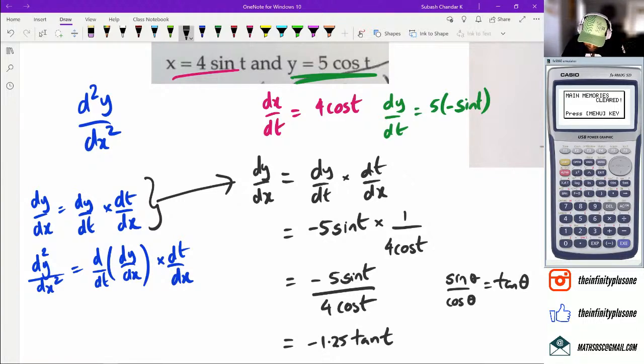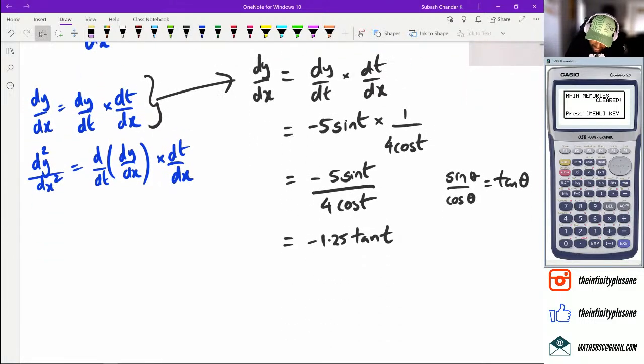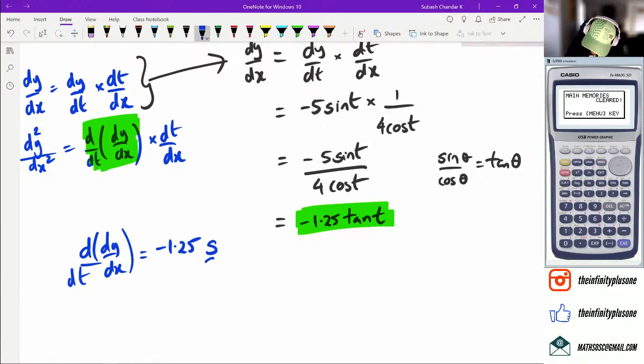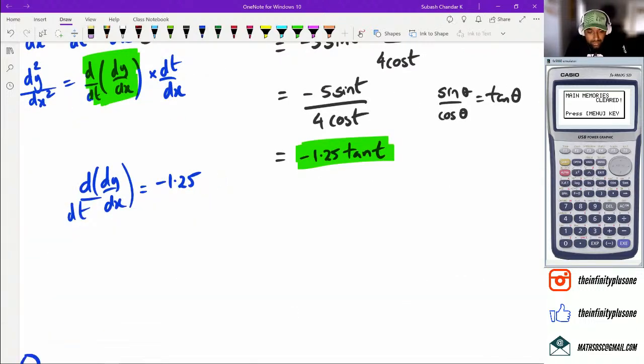So now that we've got that, we've actually got to differentiate this with respect to t. So basically what I'm trying to do is this part here, which means I need to differentiate this with respect to t. So the differentiation of that is going to be negative 1.25, and then tan t, when I differentiate it, I'm going to get sec squared t.